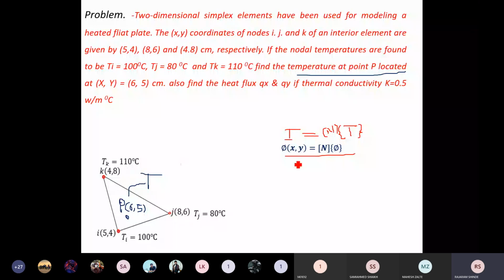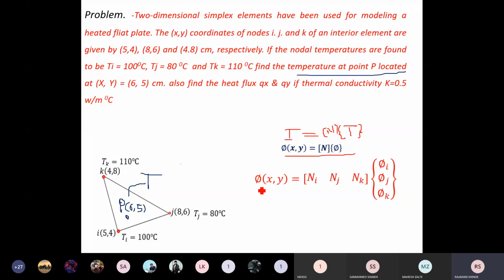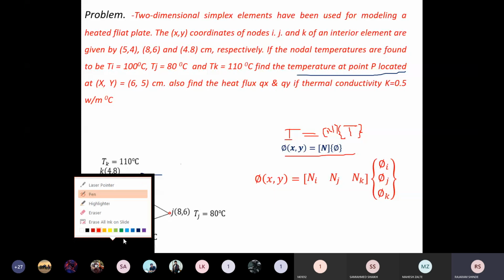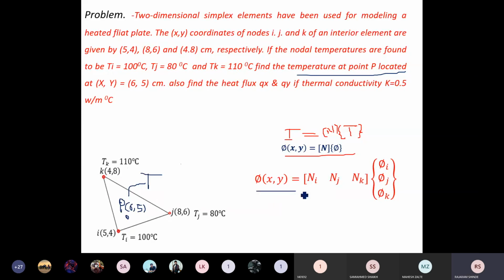Now in expanded form this is your equation of interpolation polynomial. If you write T at any x, y, it is the shape function matrix Ni, Nj, Nk into Ti, Tj, Tk.